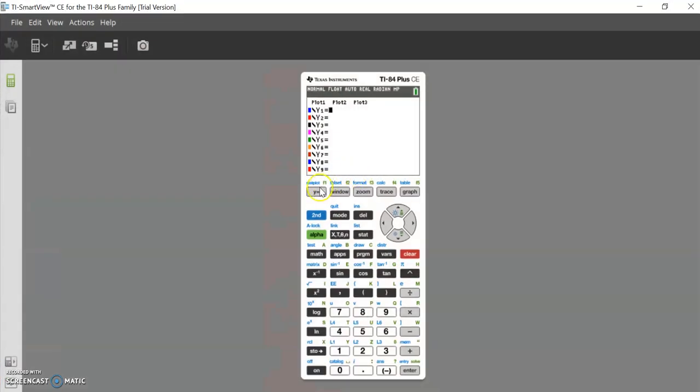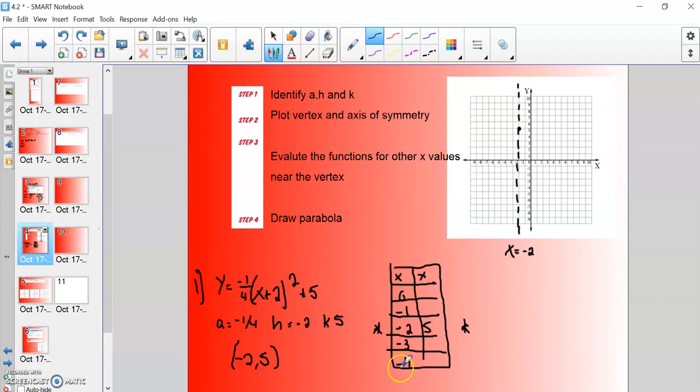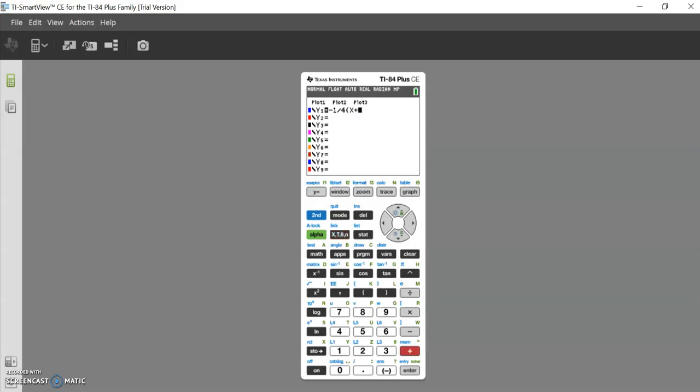If we go to our calculator, let's type that equation in. So it's negative 1/4 parentheses x plus 2 squared plus 5. Check your window.